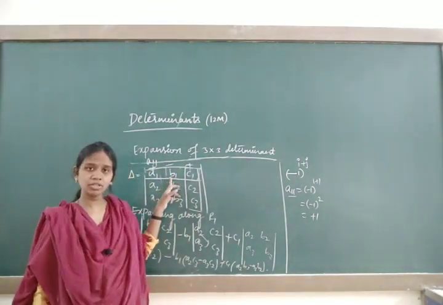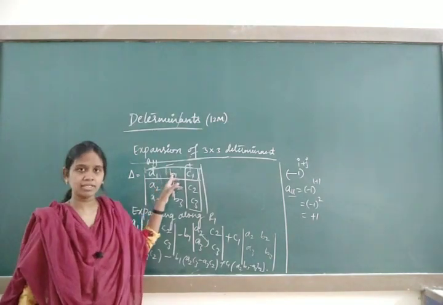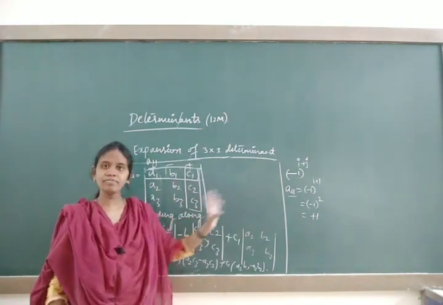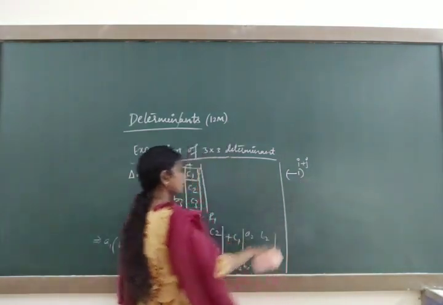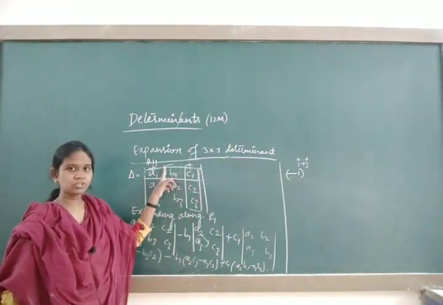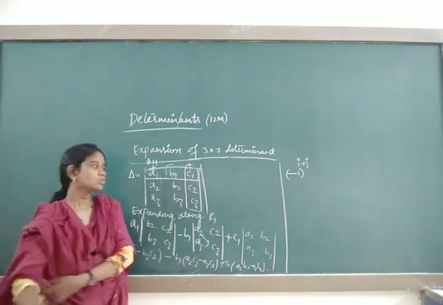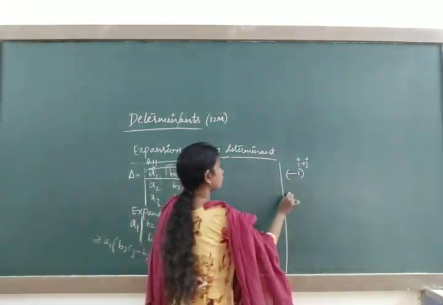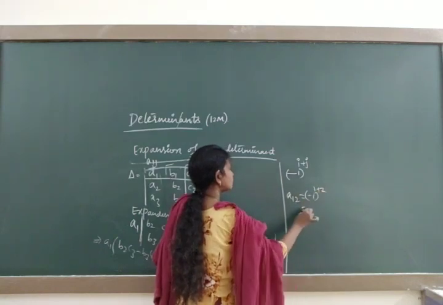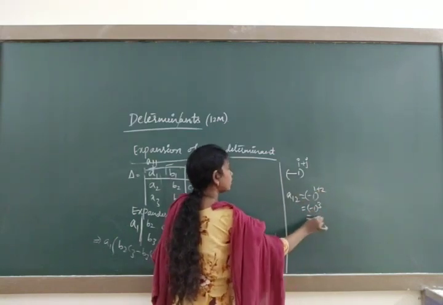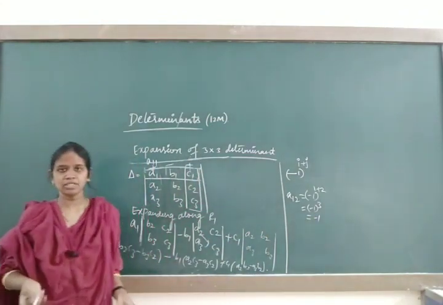For this position I have given the sign minus, because of that factor again. B1 is present on which position? A12. Therefore A12 is minus 1 to the power of 1 plus 2, which is minus 1 to the power of 3, which is nothing but minus 1.